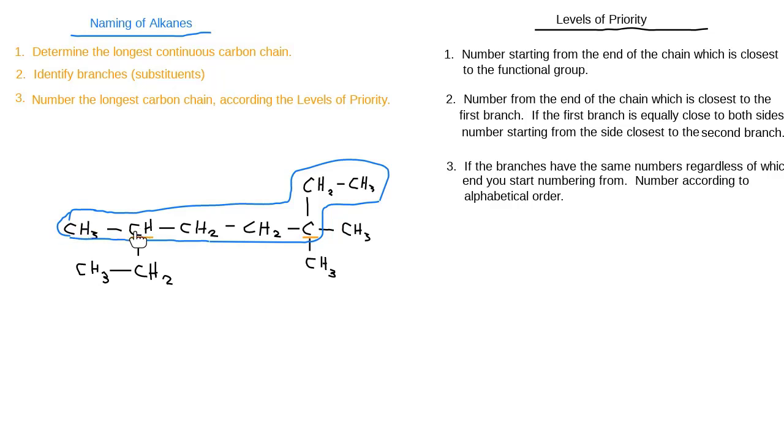Just 1 carbon. How many are down? 2. How many to the right? 1, 2, 3, 4, 5. 5, exactly. So I'm going to want to go with the 2 longest branches.